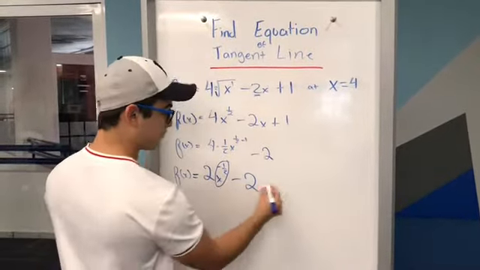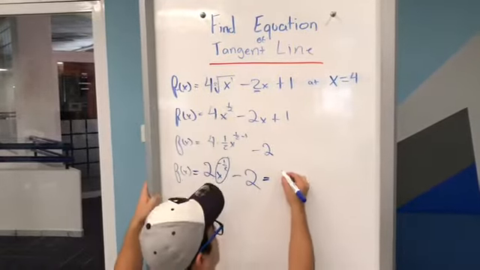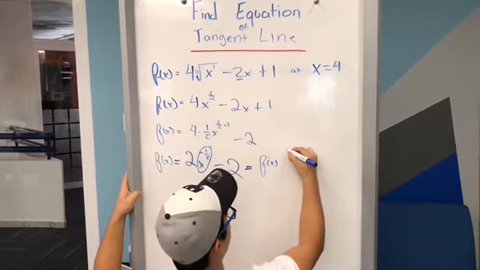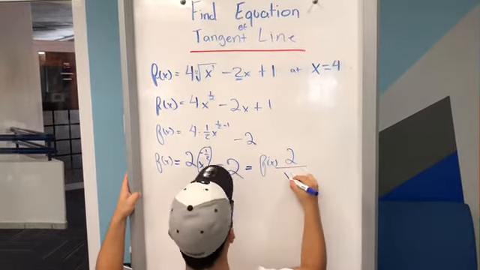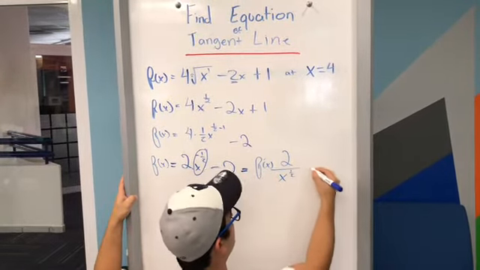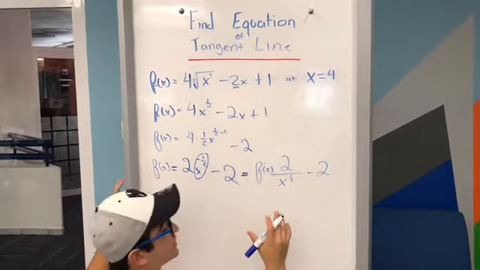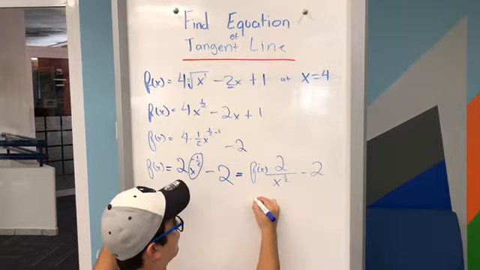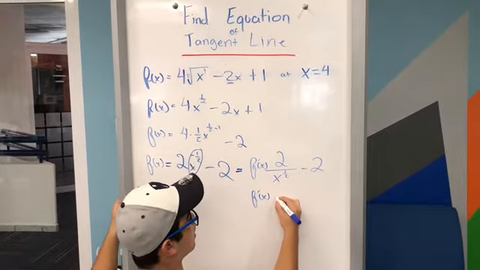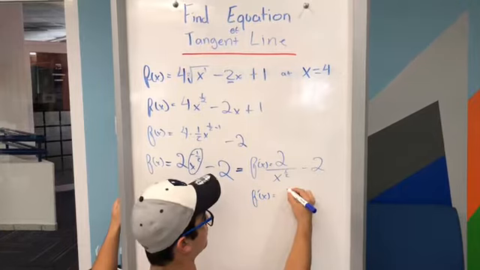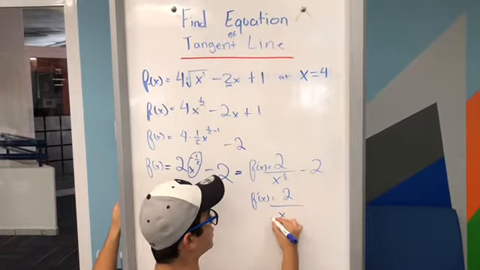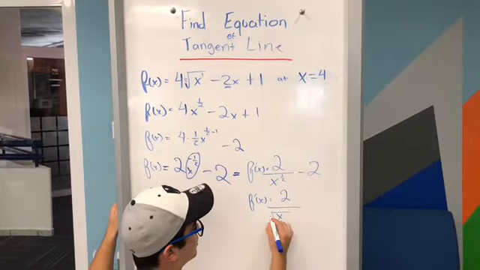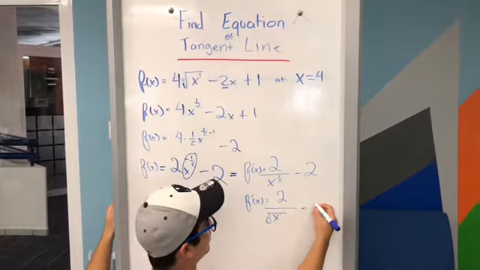So this will equal f prime of x equals 2 over x to the 1/2 minus 2. We can still simplify. We could still rewrite this as f prime of x is equal to 2 over square root of x. Why? Because we said that a 1/2 exponent is a square root. You have the imaginary 2 and the imaginary 1, and you have a minus 2 over here.